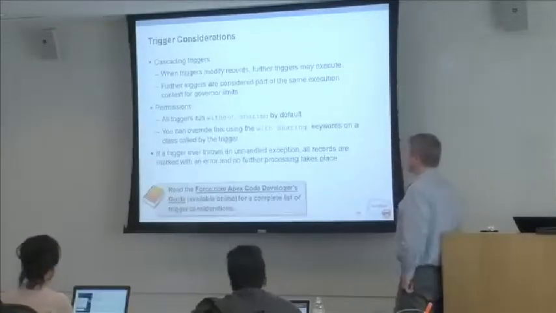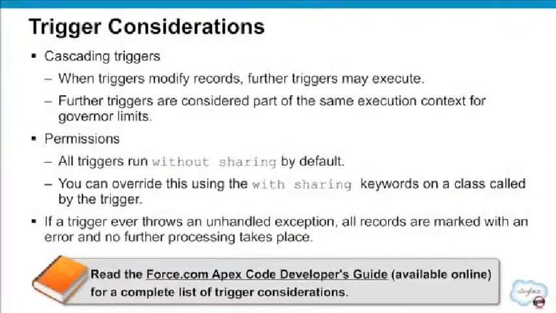Okay? All right. Cascading triggers. The thing here is that if you have something like a roll-up summary field on a child, on a detail record, and it's now going to recalculate something, if it modifies that parent record, now I'm going to execute any triggers associated with the parent object, right?